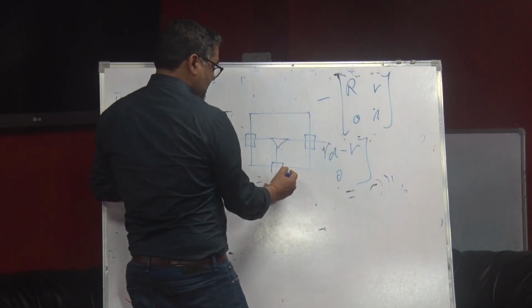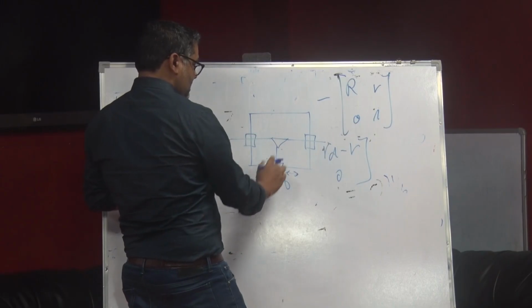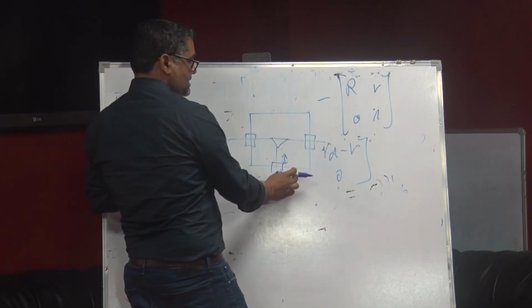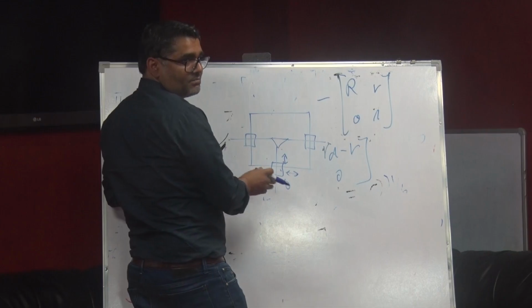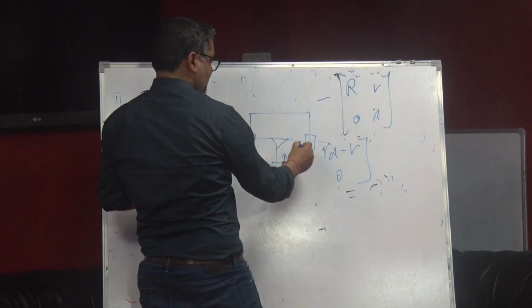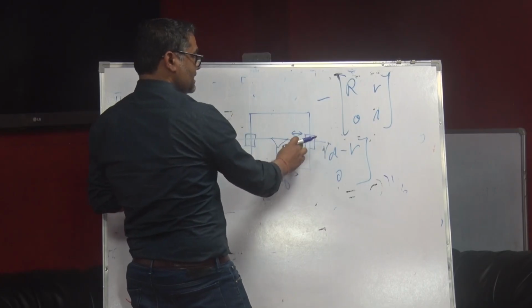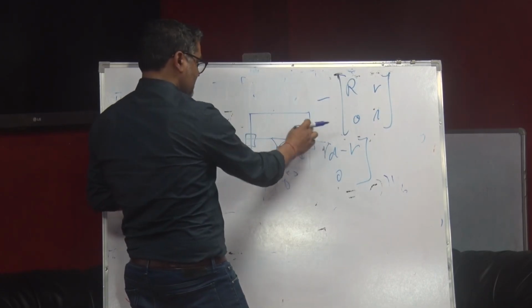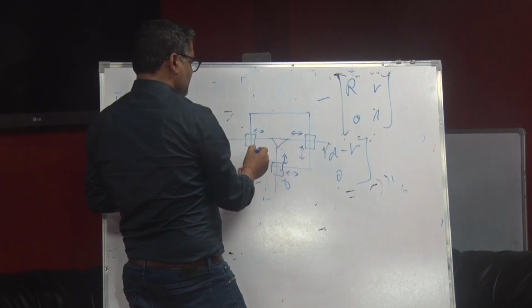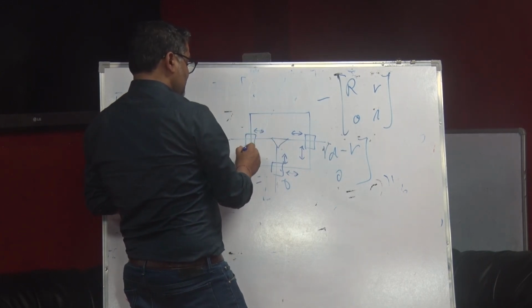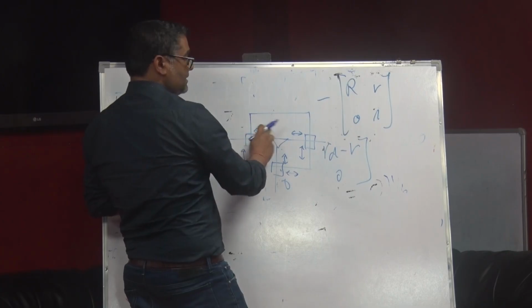Here this can translate and this can also translate. This translation is the powered one, meaning you can give some power here and it translates. Here also it can translate, and this part also translates, so it is also a powered one. This one is a powered one, so this is also active. This is the active one, and this is the passive one.